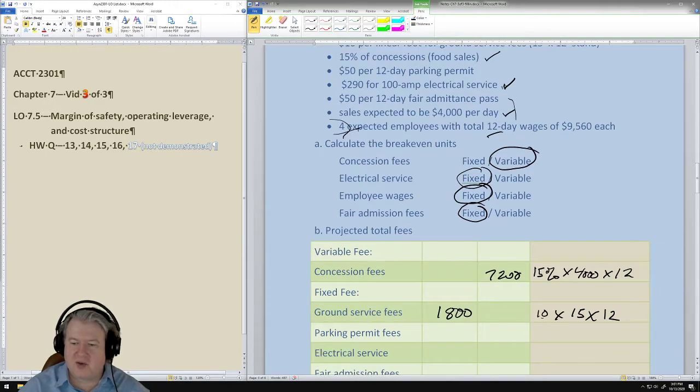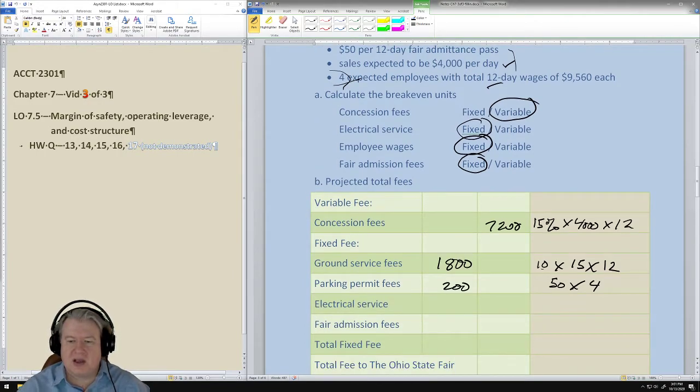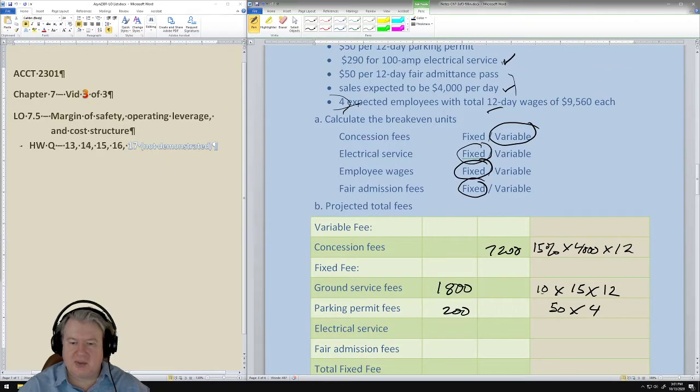So the parking fees are going to be $50 times 4, so that's going to be $200. The electrical service, it looks like this is just a straight fee. There doesn't look like it's per person or any sort of thing. So it looks like it's just $290. And that was a given. We didn't have to make any calculation on that.